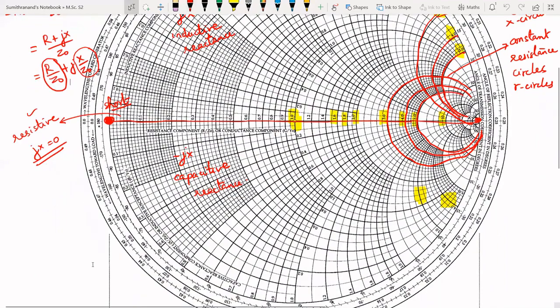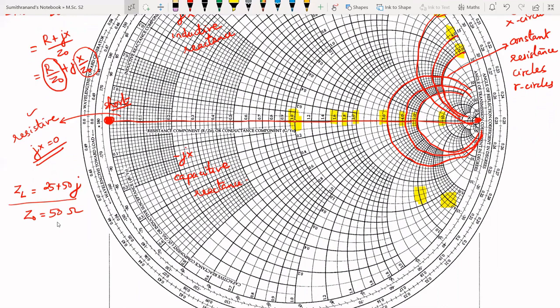Now, suppose that we have a load impedance ZL of 25 plus 50J, having a characteristic impedance Z0 of 50 ohm. So we have a transmission line with the load impedance 25 plus 50J and characteristic impedance Z0.